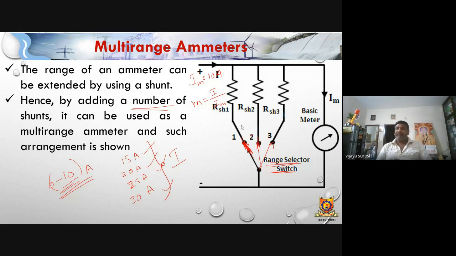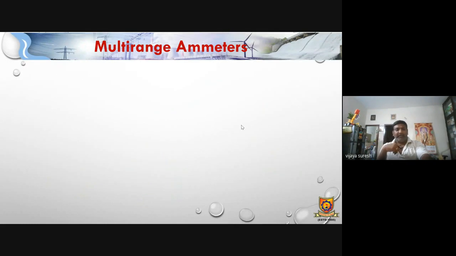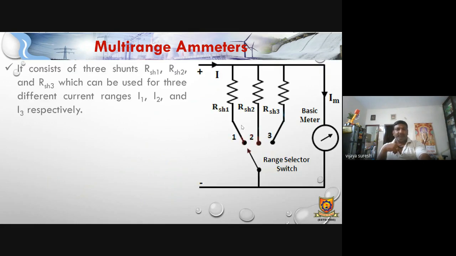If I connect at 1, the RSH value can be calculated with the help of a certain formula. RSH1 equal to, as we have just gone through, RM divided by M minus 1. Similarly, if you connect to RSH2, second position, RSH2 can be calculated, and if you connect to RSH3, third position, RSH3 can be calculated. Now you see these expressions.